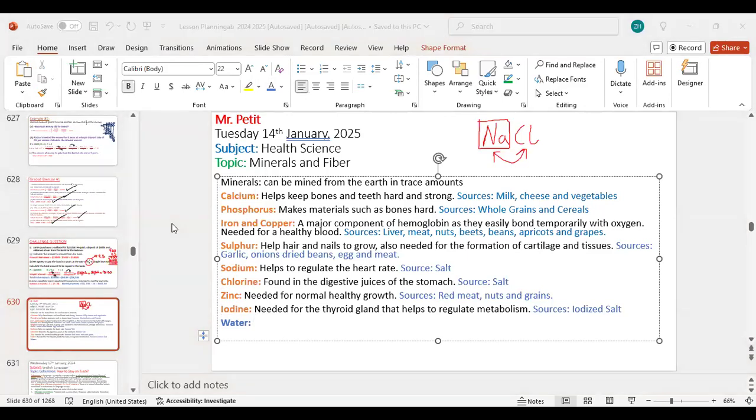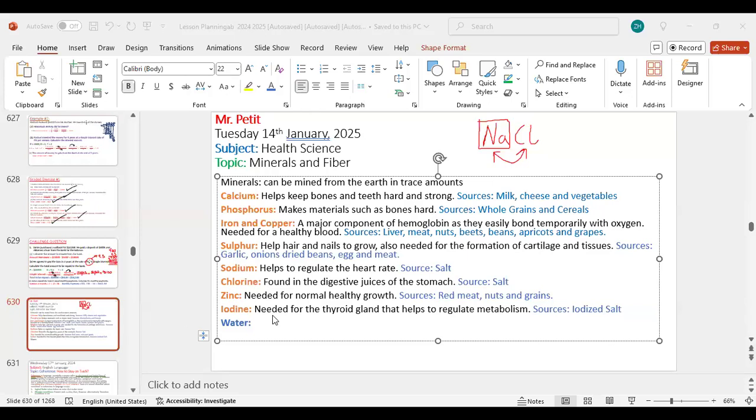If you don't drink water, what's going to happen to your pee? Yellow. Exactly, and it's going to smell as well. So you need to drink water. Even though your body has water, that's still not enough. Your body is asking for water every day. Just like how you have to eat, you have to drink water every day.